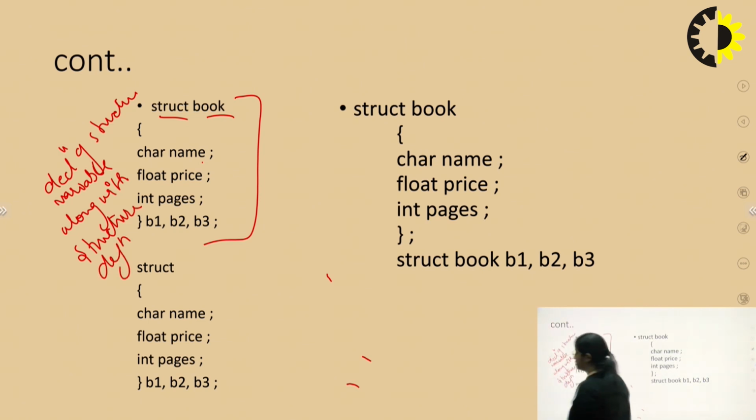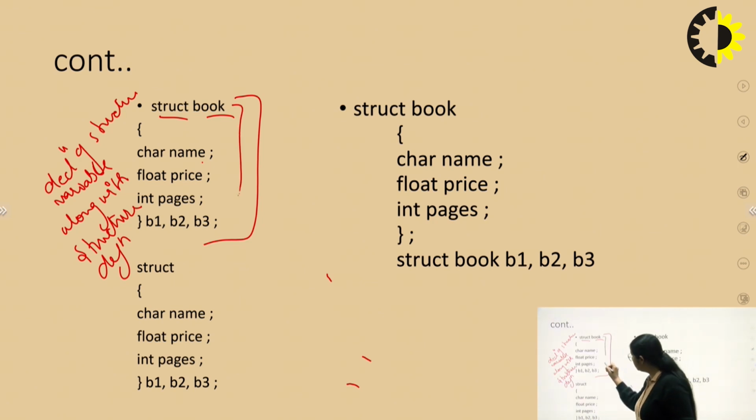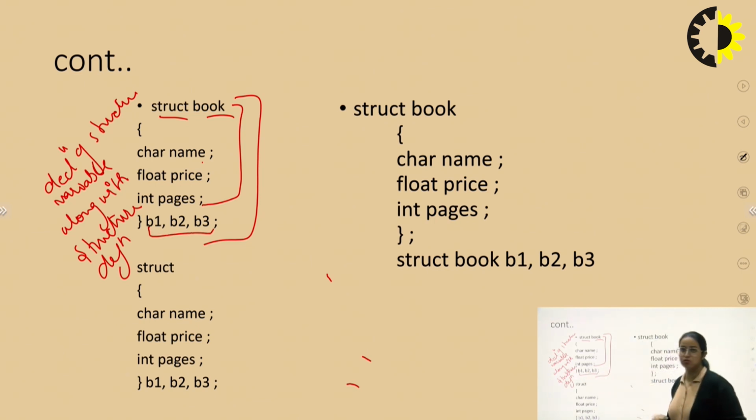This is the first type. You can see here, this is the definition, and with this definition you are declaring the variable also. That means this is the declaration of structure variable along with the definition. You are defining your structure, and in this definition you are declaring. This is the first type of declaration.